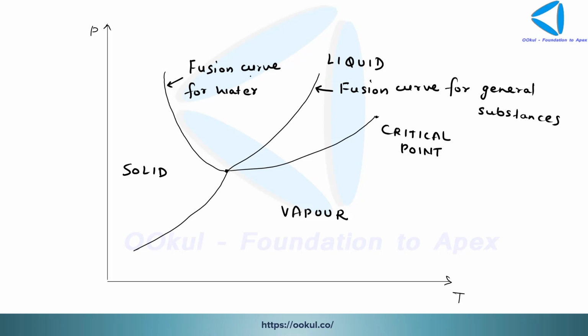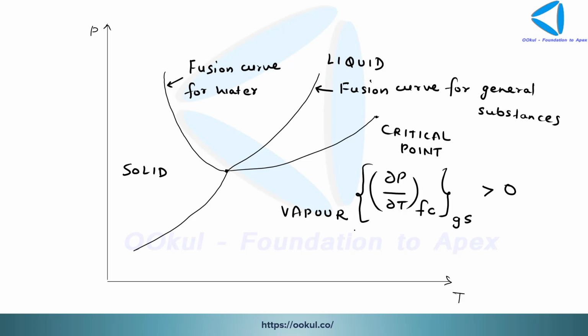The slope, that is del P by del T, the slope of the fusion curve for any general substance is greater than 0.